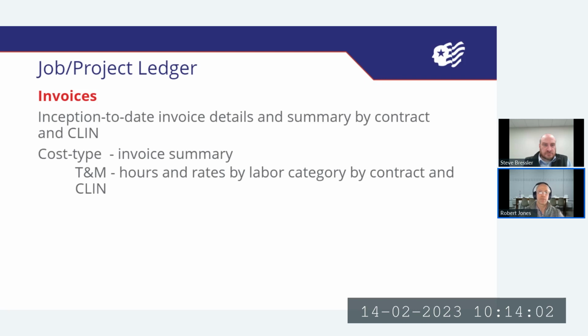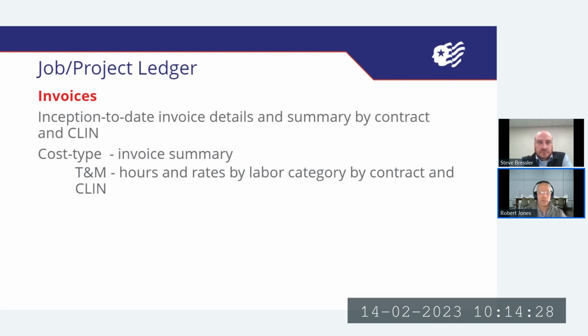Unfortunately, what we find is that many times people make corrections to an invoice without going back and correcting the timekeeping. That causes a couple of problems, because then when it comes to an audit, somebody says, well, this is what you claimed on the invoice, but it doesn't match what's in timekeeping. So that's a problem. It can cause problems with labor distribution, because now we don't have the proper costs associated with the contract.